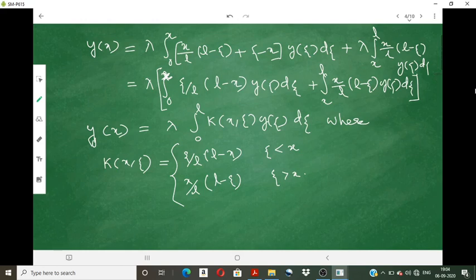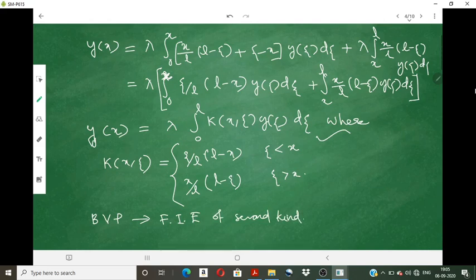So with this as a kernel, we have converted the boundary value problem into a Fredholm integral equation.